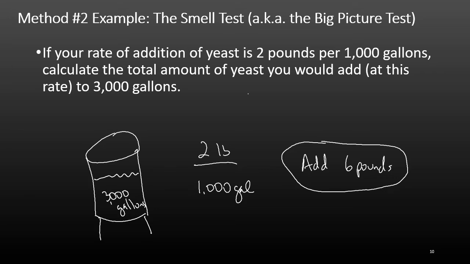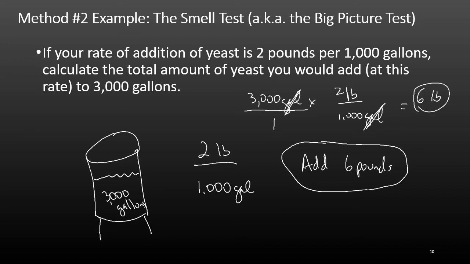So we could do the math. If we did the math, we'd have 3,000 gallons times our addition rate of 2 pounds per 1,000 gallons. Gallons would cancel in the numerator and the denominator. I could write this as 3,000 over 1. Gallons cancel in the numerator here, in the denominator in the second term, and we end up with 6 pounds of yeast.